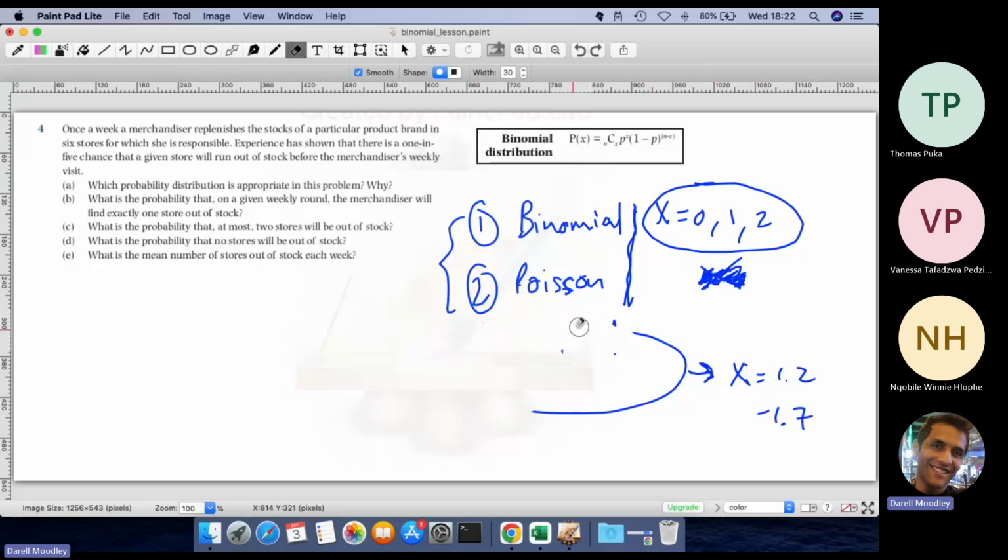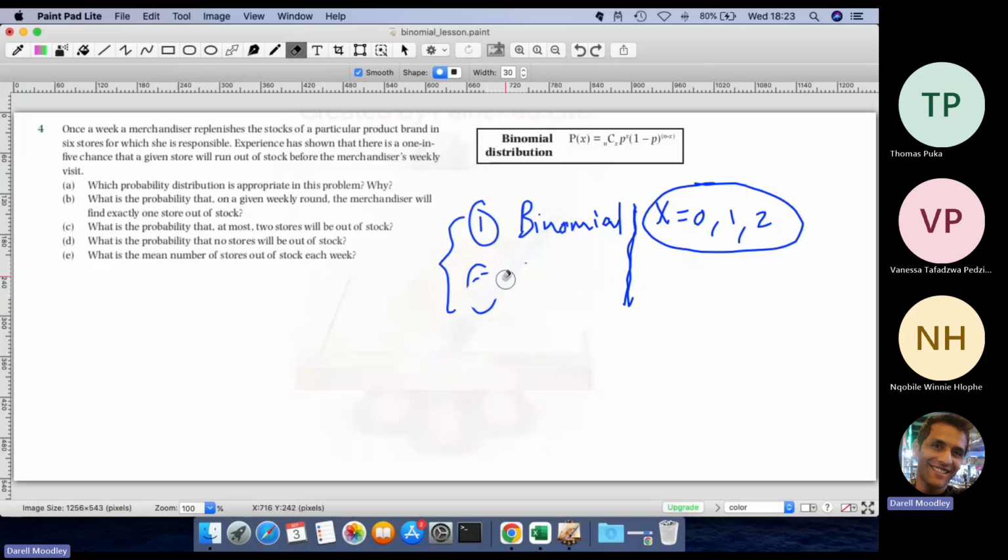Now, what is the binomial distribution all about? A useful property of the binomial distribution is that it enables you to work out probabilities of events using an equation. And it makes things a lot easier and faster to work out.